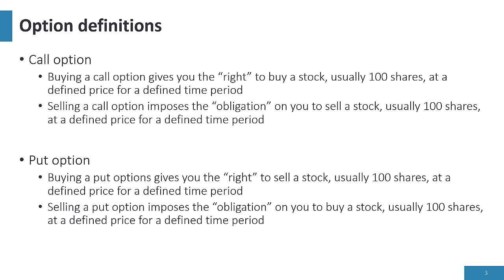Now, if the stock is trading above $100, say it's trading at $101, and it stays at $101 or higher between now and next Tuesday, then I'm never going to be asked to buy that stock at 100, because no one wants me to buy it at 100 when they can sell it at 101 or higher.